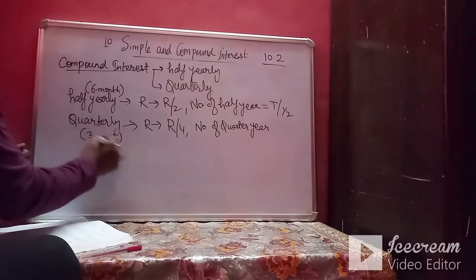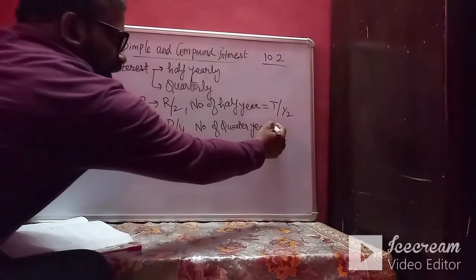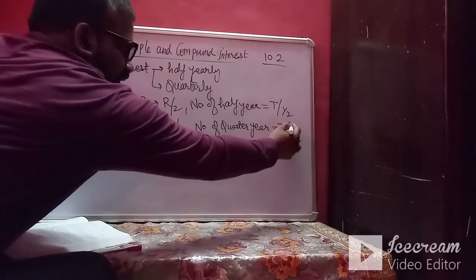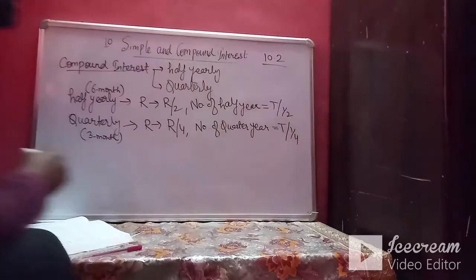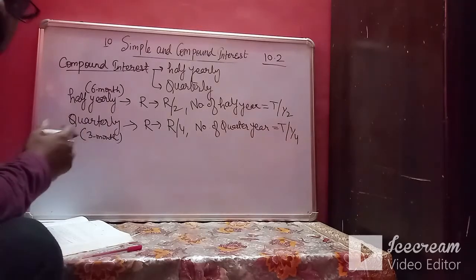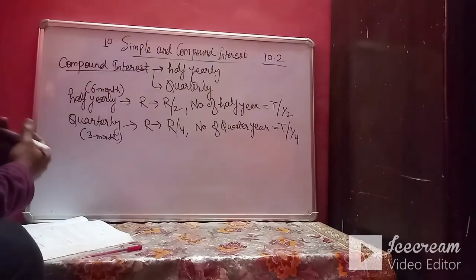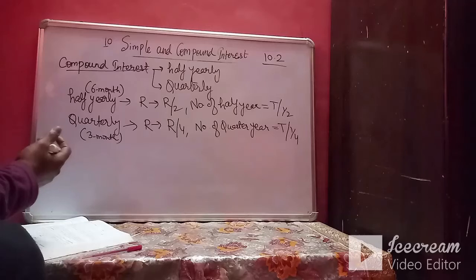So in 1 year how many quarter years are there? 4 quarter years are there. So what we can do? We can divide the time given in year by 1 by 4. Okay, or what you can do? You can divide the time given in month by 6 months, you will get number of half years, or time given by 3 months if time is given in months.